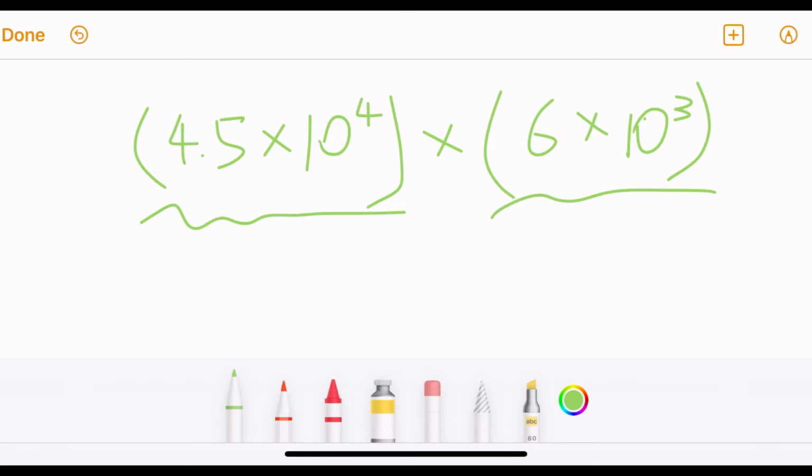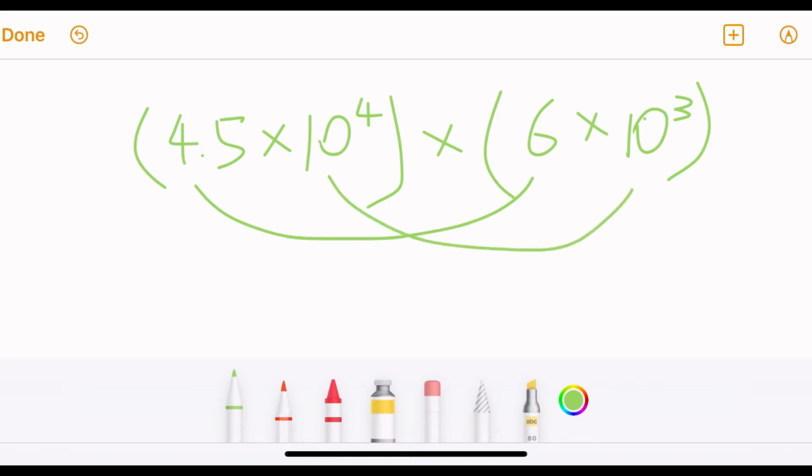But that will be too time consuming, and we do not have time for that if we don't have our calculator around. So what we're going to do is 4.5 multiplied by 6 and 10 to the power of 4 multiplied by 10 to the power of 3. Therefore, 4.5 multiplied by 6 will give us 27 multiplied by 10 to the power of 7.